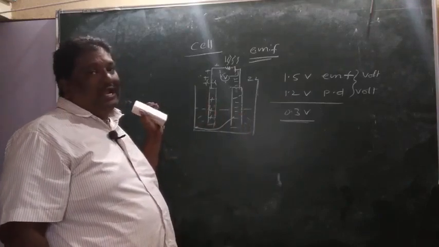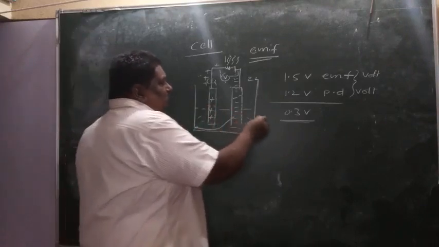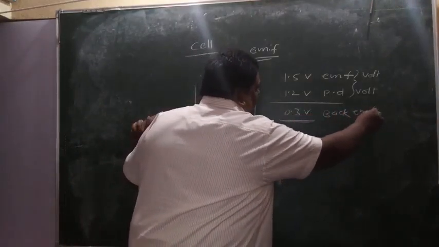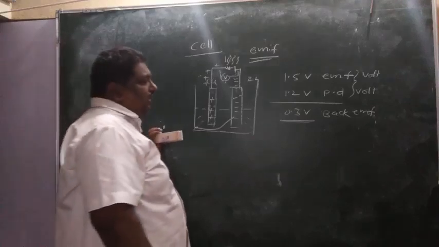Therefore, some delay will happen. Because of this, some voltage is lost. This is called back EMF, or lost voltage.